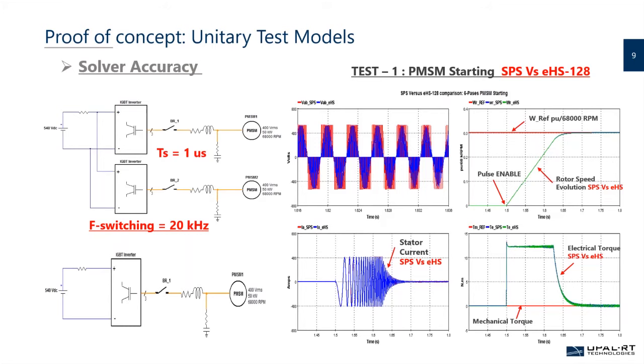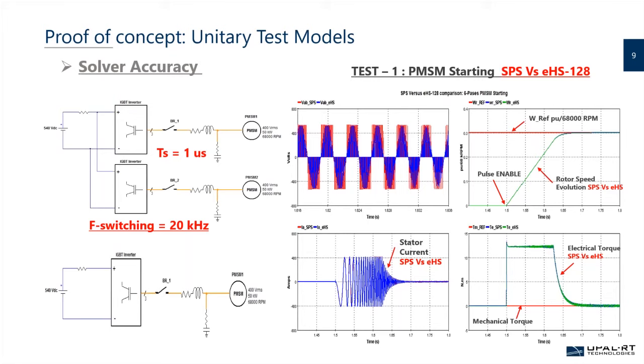Several dynamic tests were applied, and the result is always compared to the SPS offline simulation with a very low sample time to ensure the most accurate results. For all those circuits, we were getting very good results compared to the offline simulation, and the error was in some cases always less than 1%.